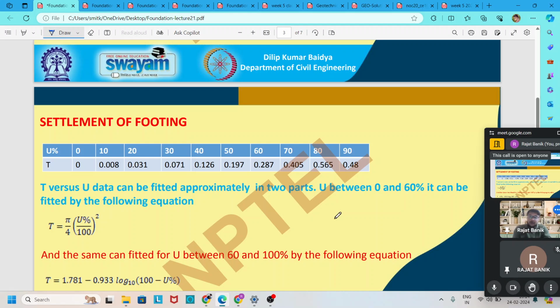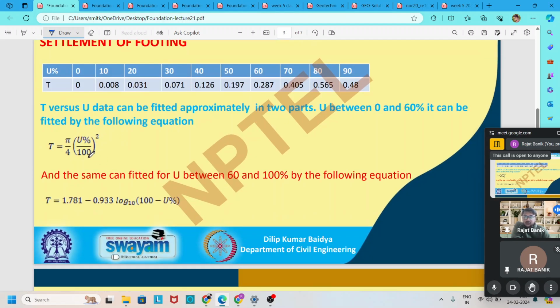Then we can find this time factor by using two formulas based on the degree of consolidation. The first is time factor equal to pi by 4 into (degree of consolidation divided by 100) whole square, and this formula is used when the degree of consolidation is less than or equal to 60%.